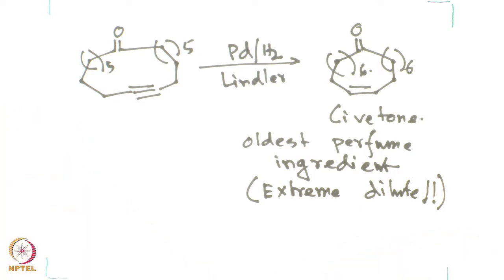Now, of course, this perfume industry is widely dependent on this ring closing metathesis reaction. I am sure all of us have used perfume at one point of our life, and some people may be using it regularly. Another perfume that is quite famous is muscone. Of course, there is a natural source, but you do not want to kill a lot of deer to get the muscone, right.